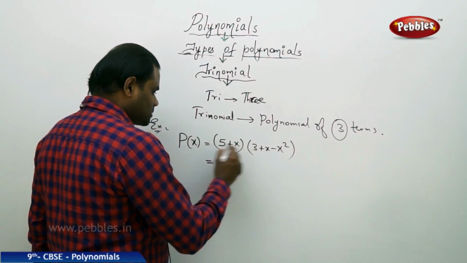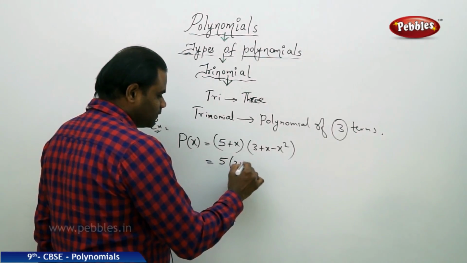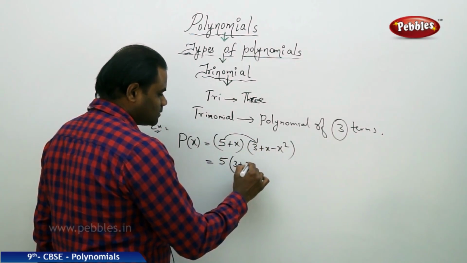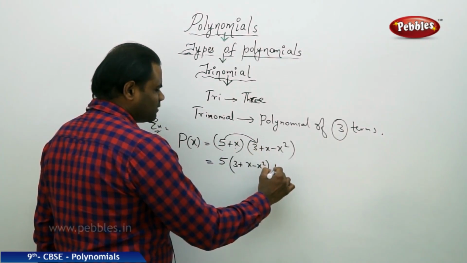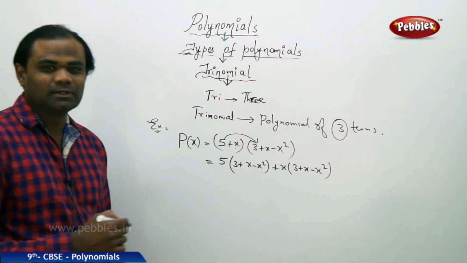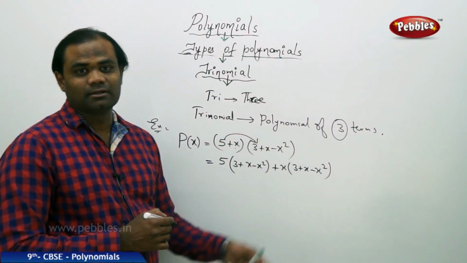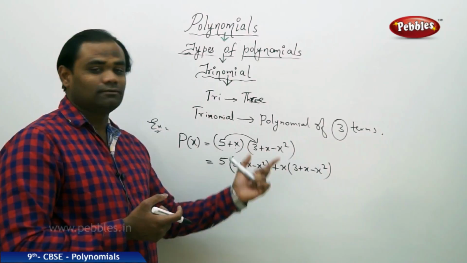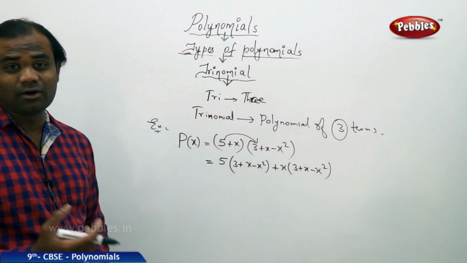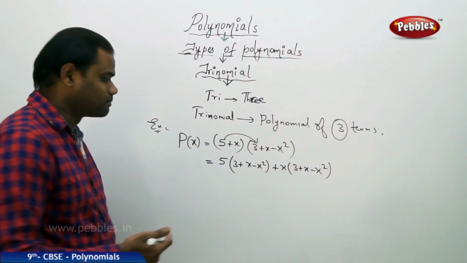So we need to first expand this, as we know that in the lower classes what we have learnt, we expand first 5 with this, and then we expand x with this. So each of the terms of the first bracket is multiplied with the terms of the second bracket. That is how we understand the multiplication of two factors or two expressions.